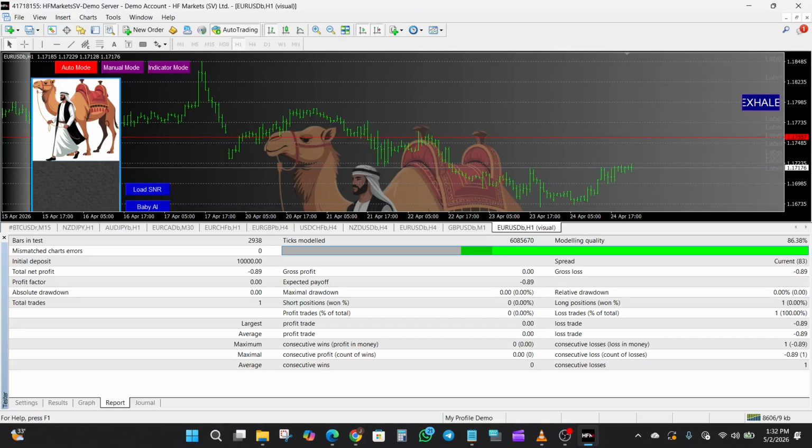So in conclusion, AbuTrader EA for MT4 is a hedging based trading system that focuses on managing positions as a basket rather than individual trades. So it is best suited for traders who understand drawdown dynamics and are comfortable with holding positions over time.